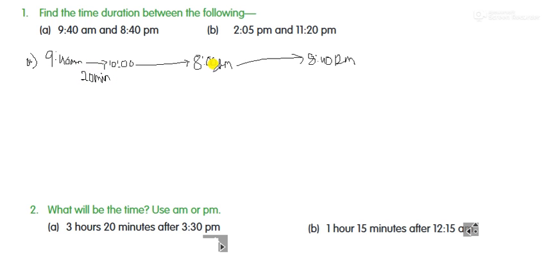Next 10 to 8: 10, 11, 12, 1, 2, 3, 4, 5, 6, 7, 8. So it's 10 hours. Next 8 pm to 8:40, so it's 40 minutes.